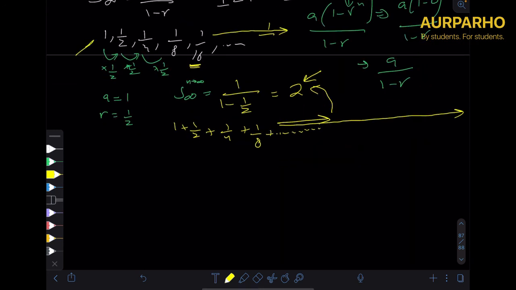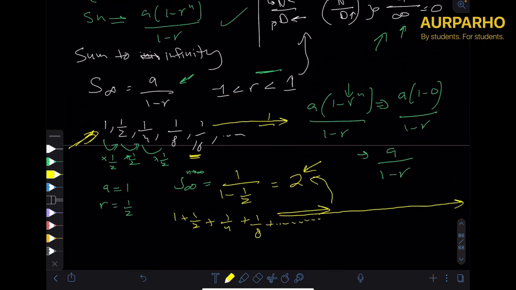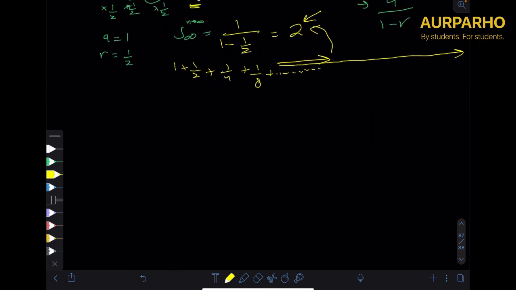For this specific example, I could also give you a bit of a visual of it. So let's say there's a block and it has the area 1, right? So to 1, you add a half, right?